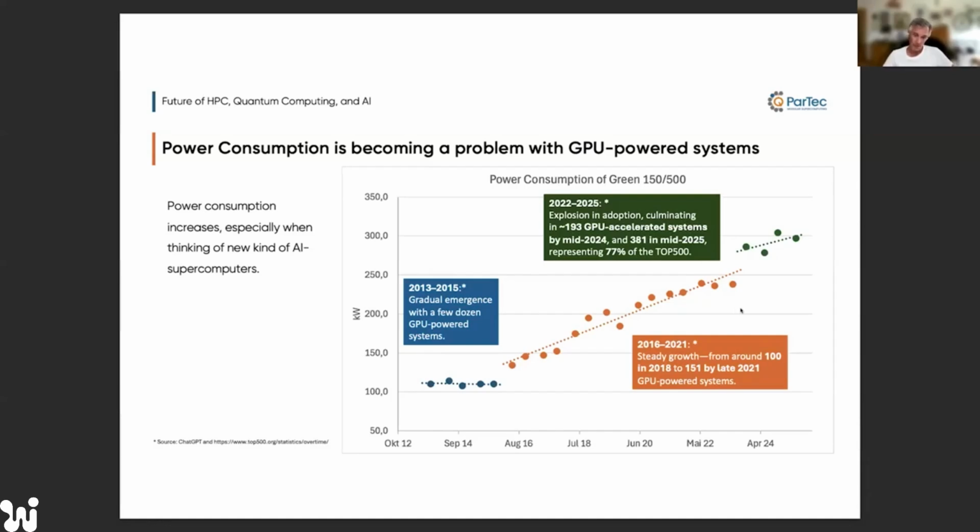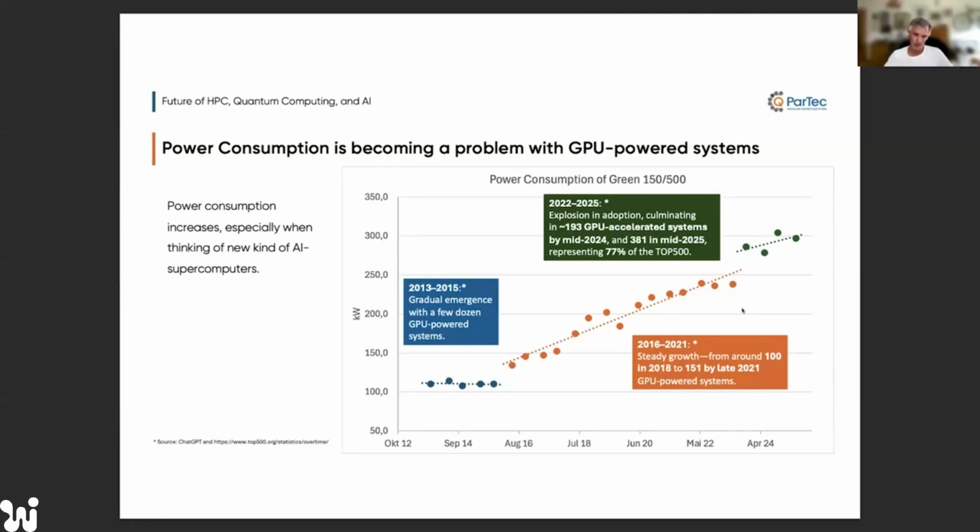I took also, for this kind of systems, if we go from GPU systems in HPC to other kinds of AI supercomputers that are purely powered by GPU, my statement is that the power consumption is becoming a problem, because we saw that already in the HPC world, and that is what this diagram shows here.